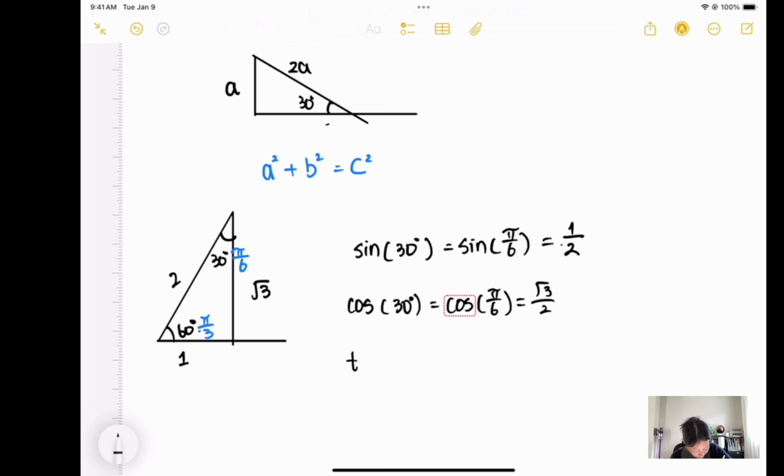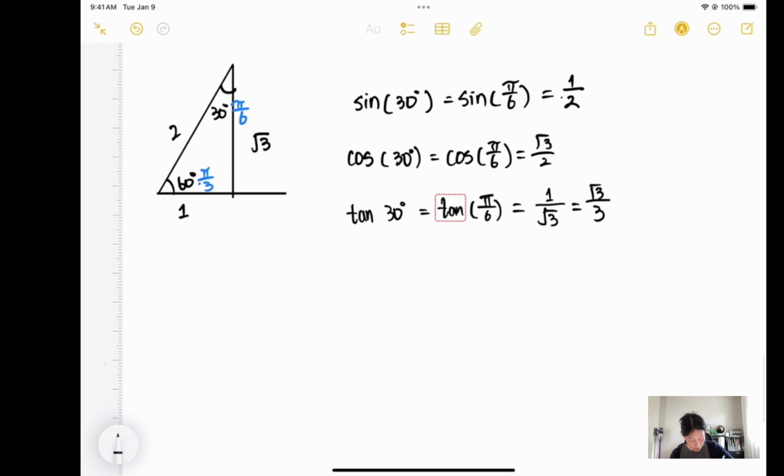Next is tangent 30 degree. Tangent 30 degree, also tangent pi over 6, is equal to the opposite, which is 1, over the adjacent, square root of 3. In math, we don't keep the square root in the denominator. We need to simplify it. Simplified, it is equal to the square root of 3 over 3.